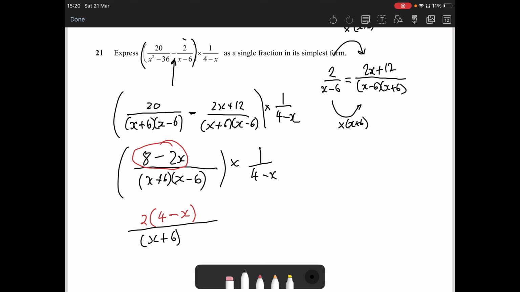I noticed that we see a 4 minus x twice. So we can cancel out the 4 take away x. Nice. So we're almost done now. We are wrapping up. The answer is going to be 2 over x plus 6, x minus 6.